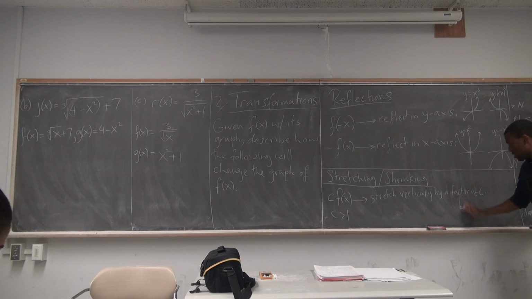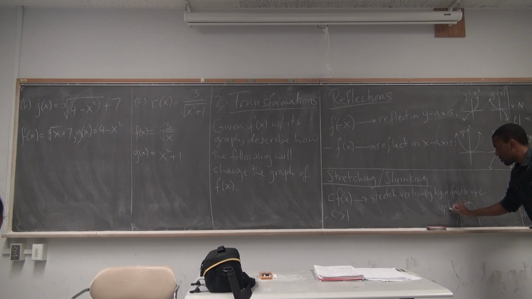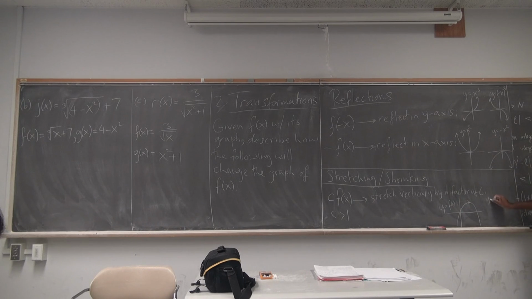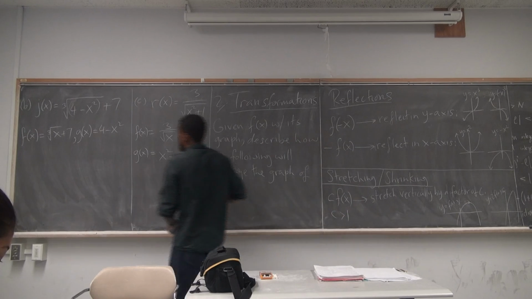So if I had a graph and before it went up to 1, and that was y equals f of x, then if I have y equals 2 f of x, I multiply that whole function by 2. Now it's going to stretch to 2, right? Because I multiply the 1 by the 2. Maybe I should put a different number here. If this was a 3, then this would be a 6. It doesn't just stretch, it stretches by a multiple of 2, right? Because I multiplied all the y values by 2, so the 3 will become 6. That does a stretch vertically.